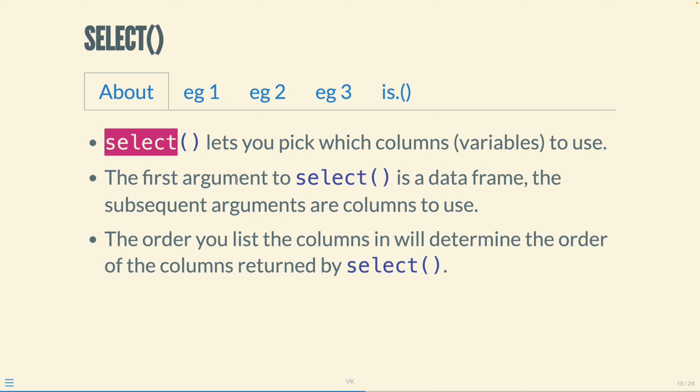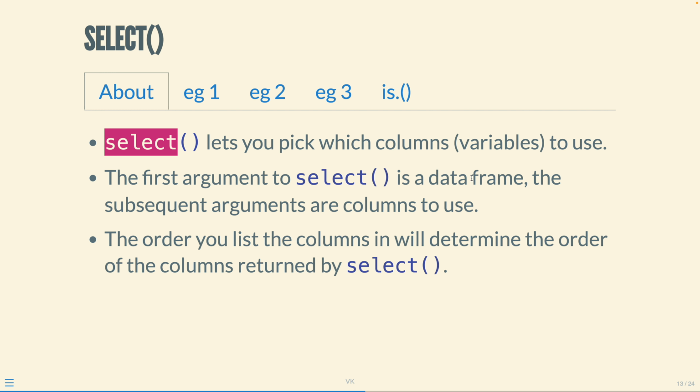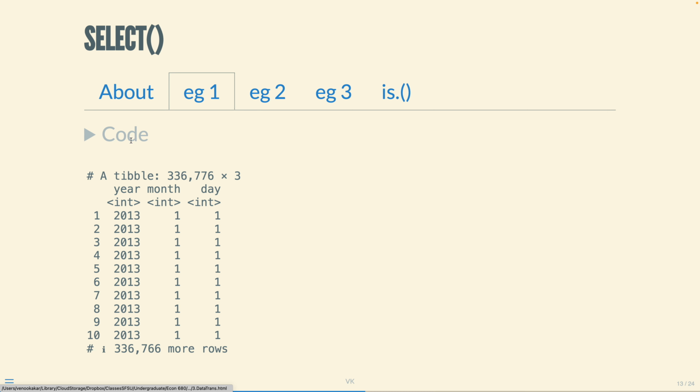The first argument to select is a data frame, and subsequent arguments are the columns that you would be using. The order in which you list the columns in the command will determine the order in which the columns are returned by select also. So let's just take an example here.